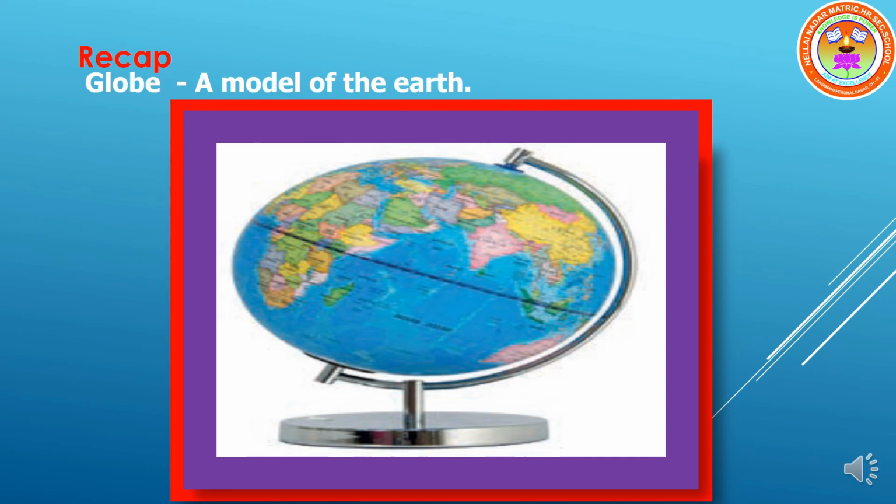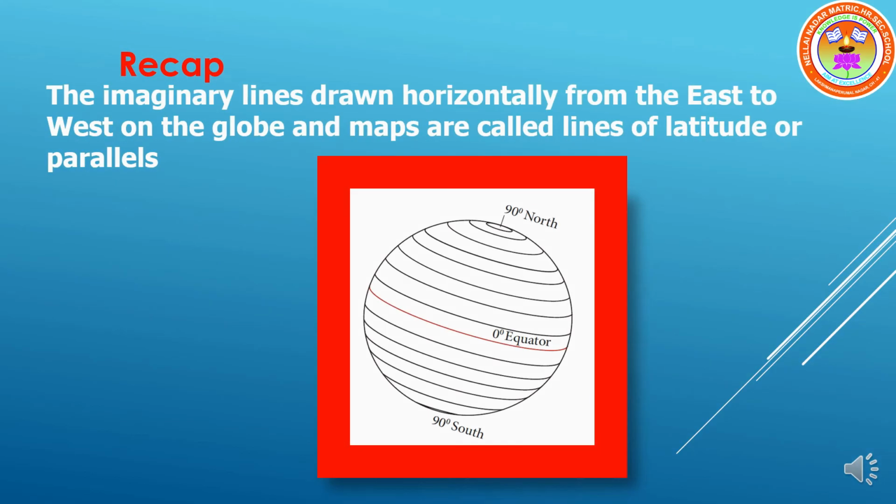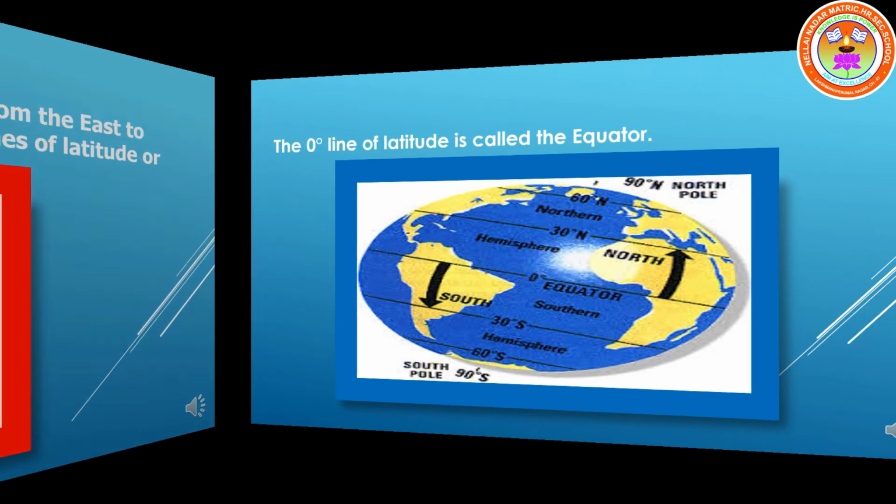Let us recap what we have learnt. What is a globe? A globe is a small model of the earth. Next, the imaginary lines drawn horizontally from the east to west on the globe and maps are called lines of latitude or parallels.